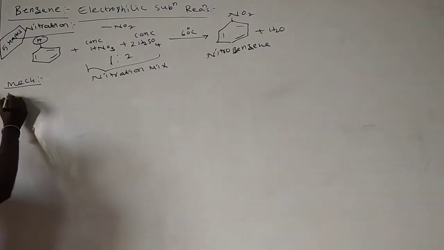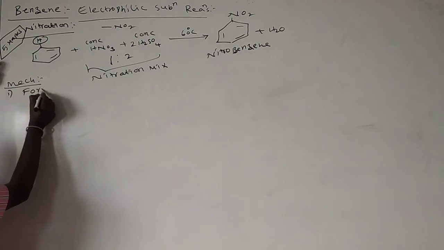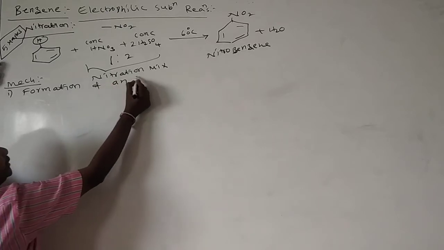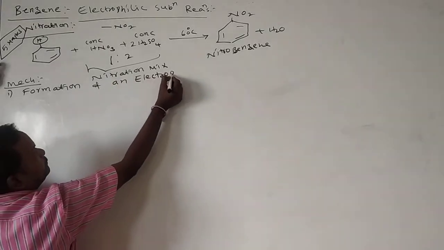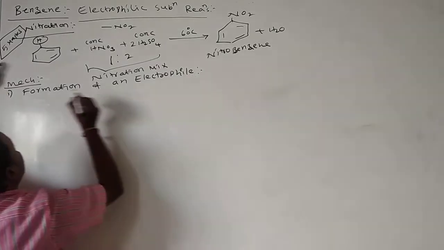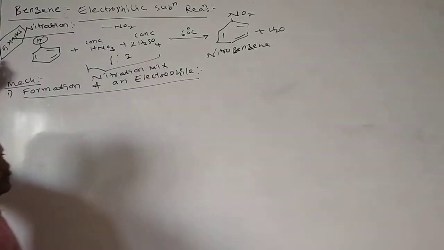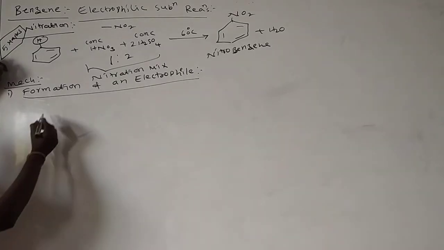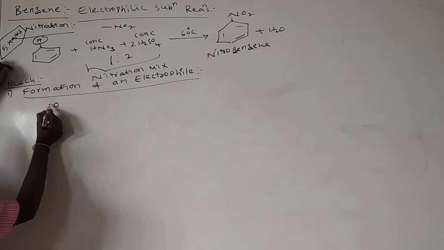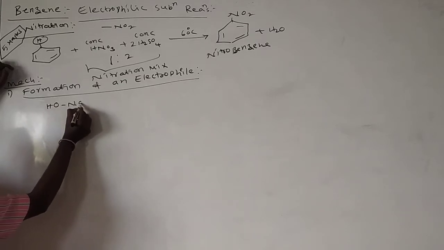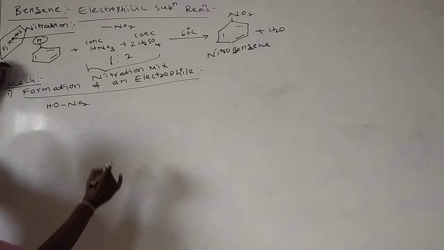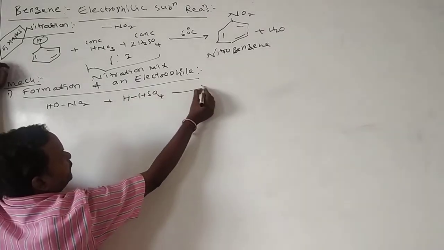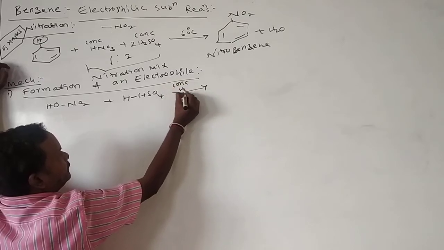In continuation, we'll see the first step, formation of an electrophile. This is one important step. Here I am writing concentrated nitric acid in a different format. HNO3 written like this, plus H2SO4 may be written like this, in presence of concentrated sulfuric acid.